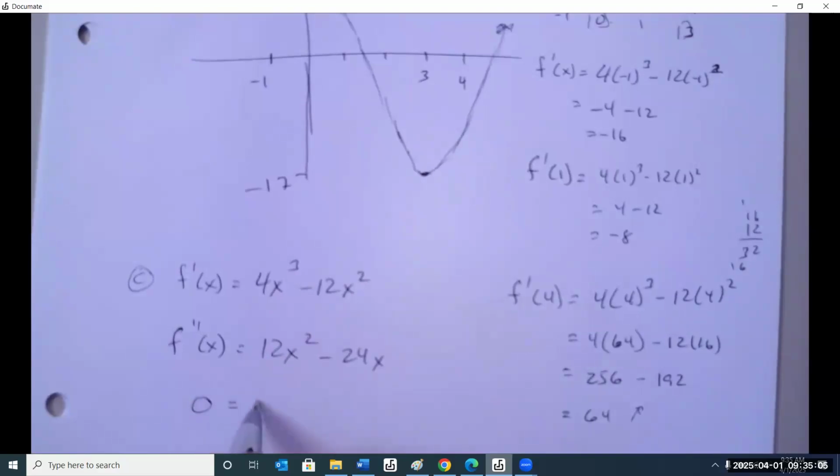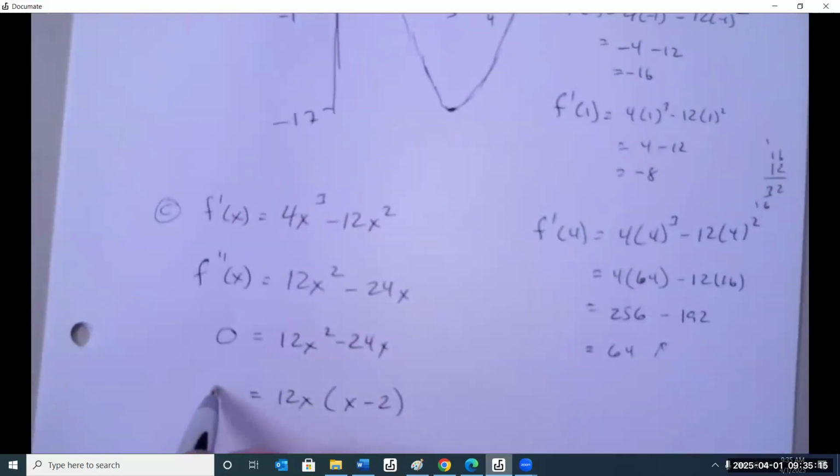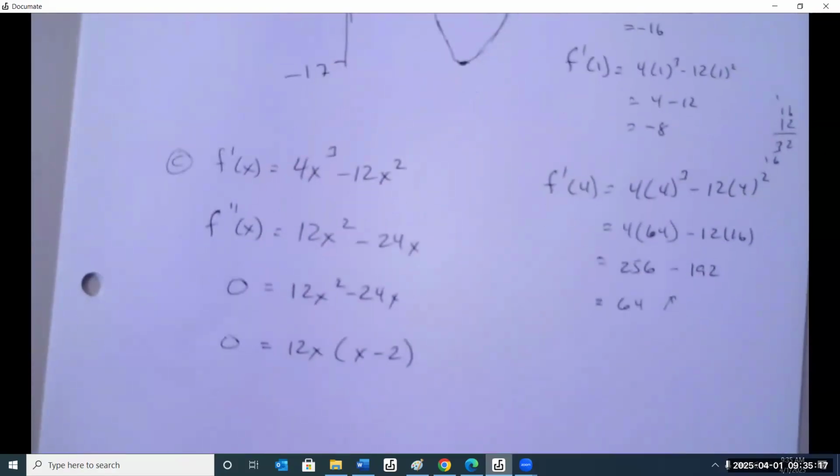Set that equal to 0. So we factor out 12x. 12x equals 0 when x is 0. x minus 2 equals 0 at x equals 2. So my points of inflection happen at 0 and 2.